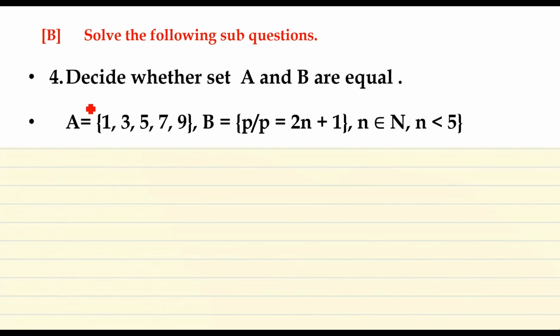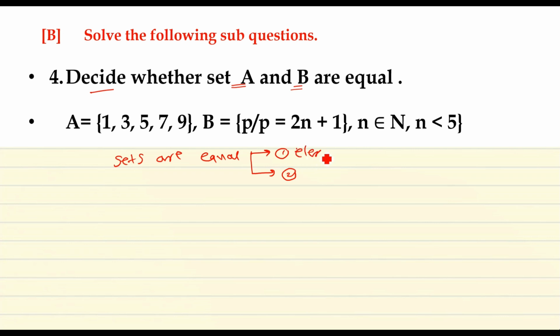Now question number 4, sub-question 1b: decide whether sets A and B are equal. We know that sets are equal if and only if these two conditions are satisfied. Which are these two conditions?